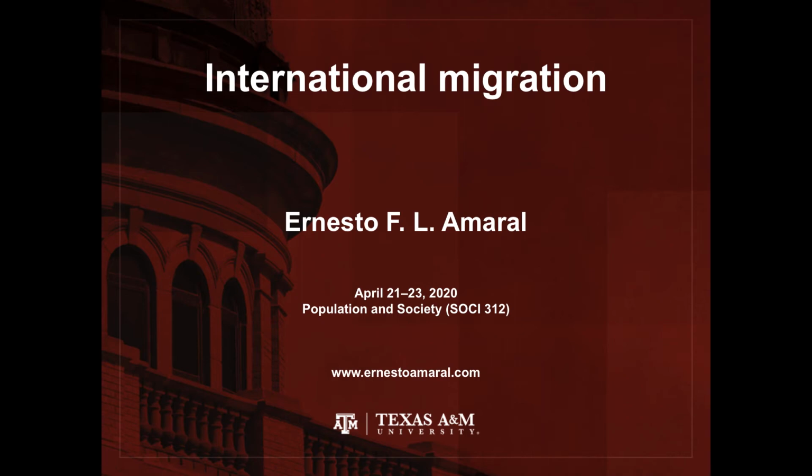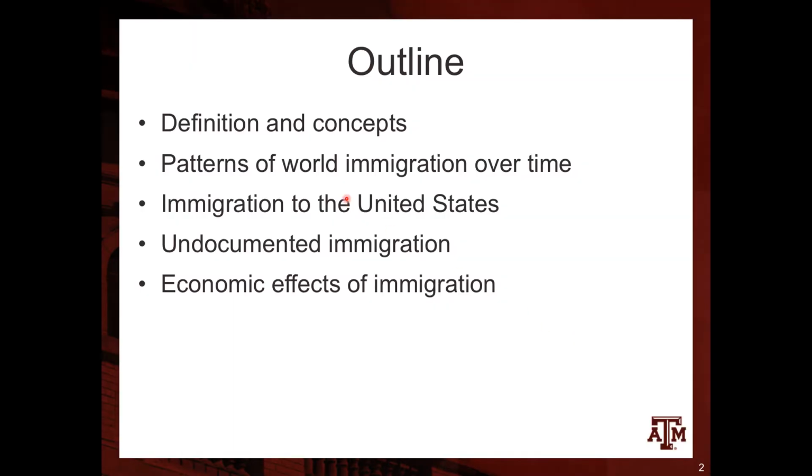Hello everybody. So now I will start on the chapter about international migration, and here it's divided into these 5 topics. So we start with definitions and concepts, and then talk about patterns of world immigration over time, and then concentrate on the case of immigration to the United States, and also talk about undocumented immigration, also with a focus on the US, and talk about the economic effects of immigration in the country of destination.